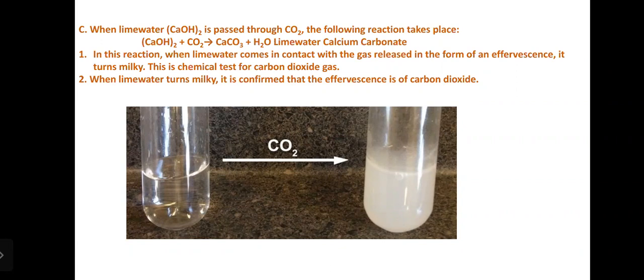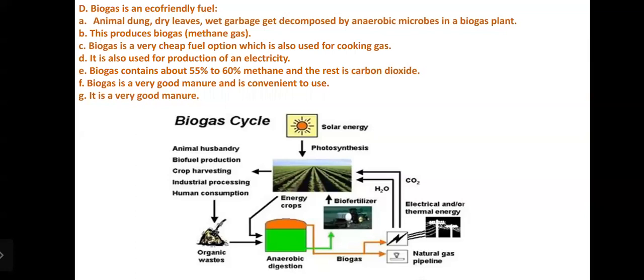Another question is, biogas is an eco-friendly fuel. Now, why is biogas called an eco-friendly fuel? It is called so because of the following reason. Animal dung, dry leaves, and wet garbage get decomposed by anaerobic microbes in a biogas plant.